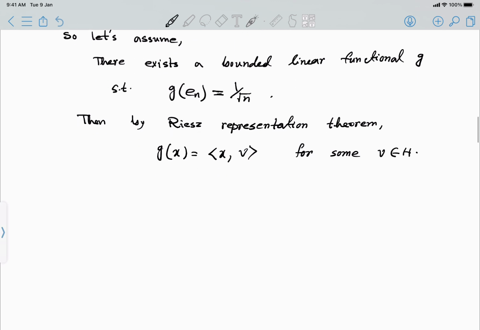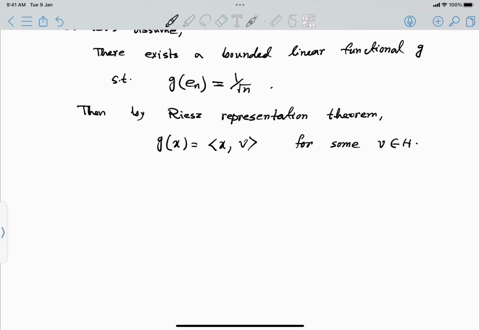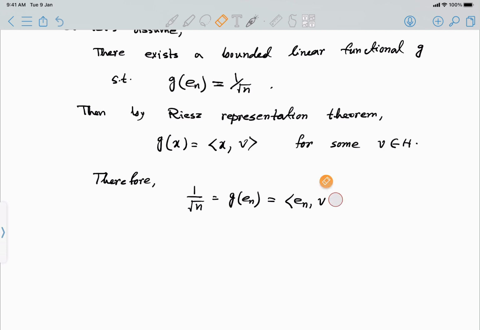And now we know that G of En is 1 by square root n. Therefore, 1 by square root n equals G of En, which is the same as En inner product v. So this we now get.